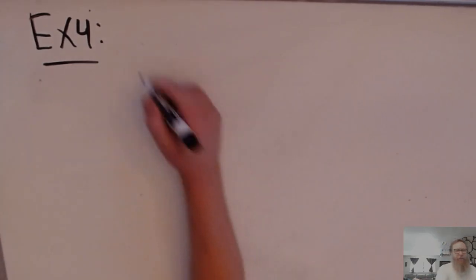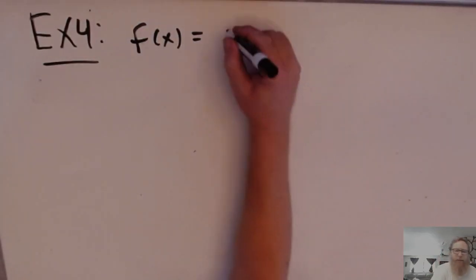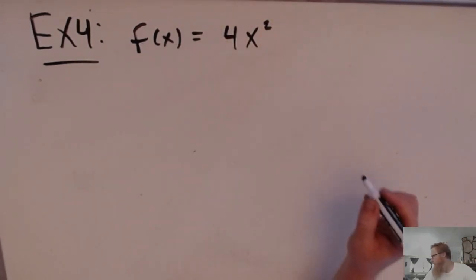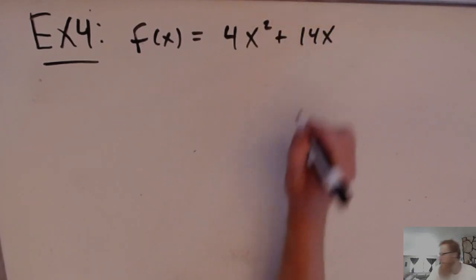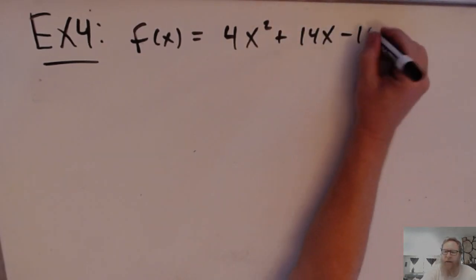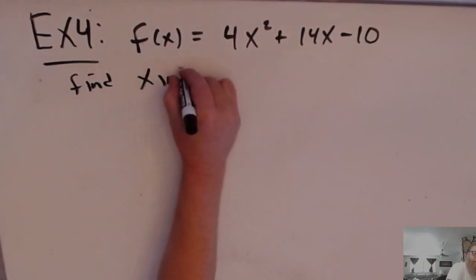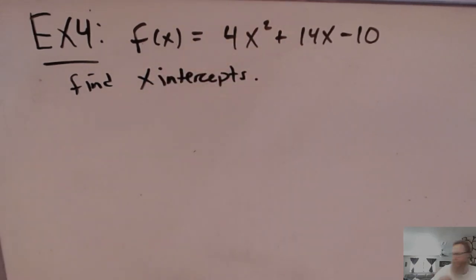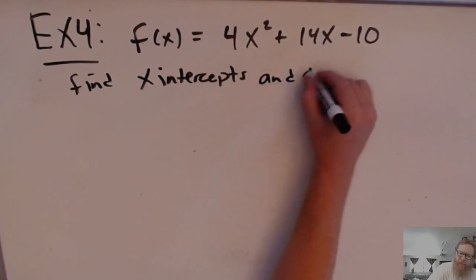All right, example 4. f of x is 4x squared plus 14x minus 10. Find the x-intercepts and the vertex.